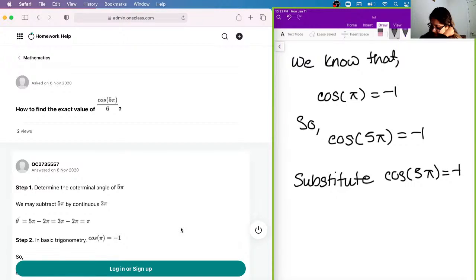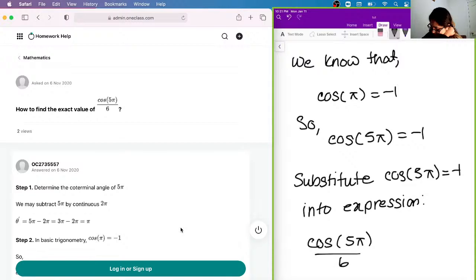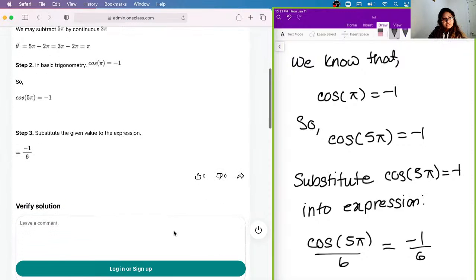So you have cos of 5 pi over 6 is equal to -1 over 6. That's correct.